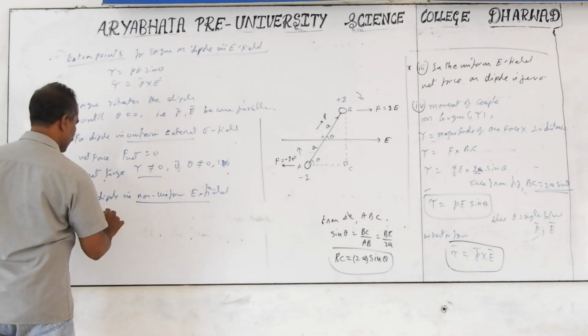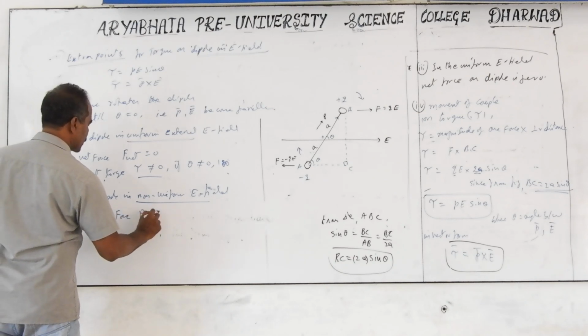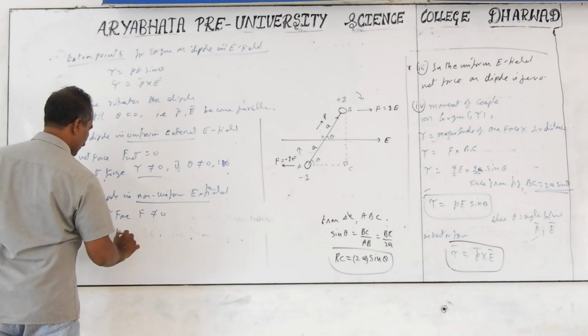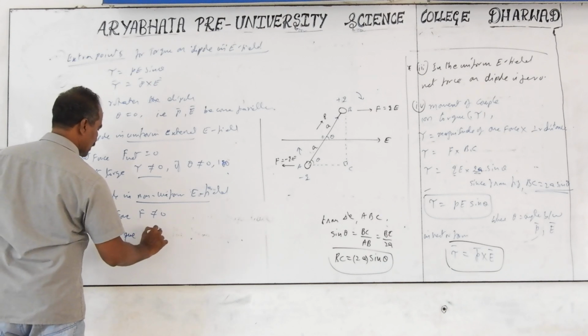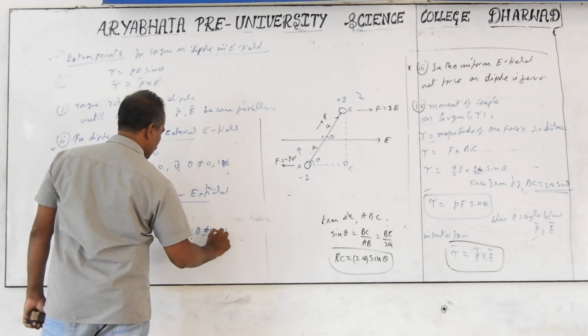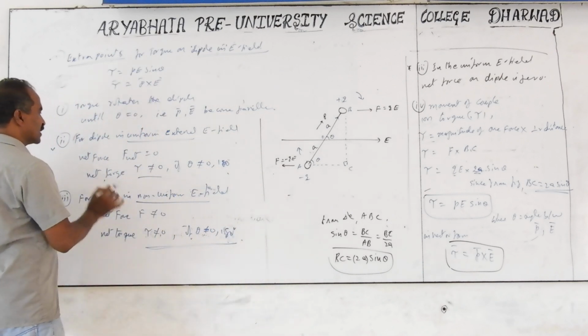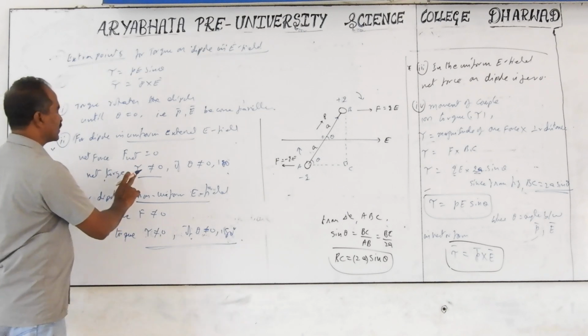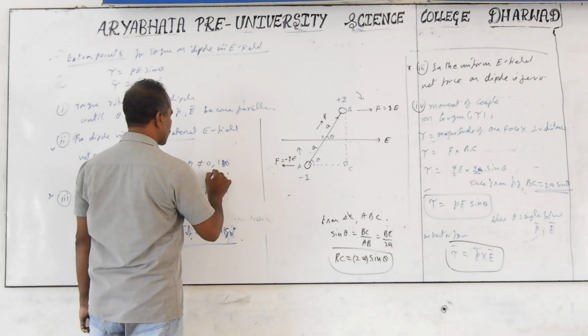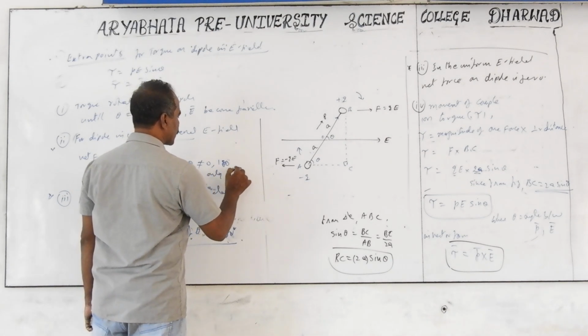Net force F is not equal to 0 and net torque tau is also not equal to 0. What about the rotation then? In the previous case, torque is there, and the effect of torque is rotation, no translational motion. So there only rotation.